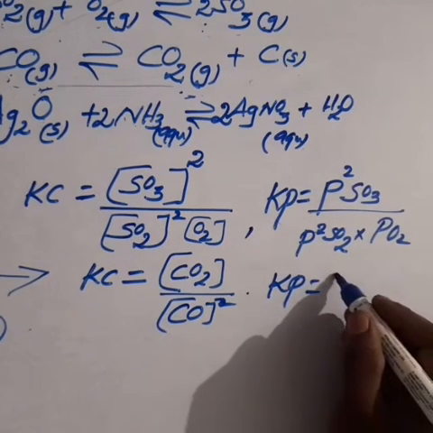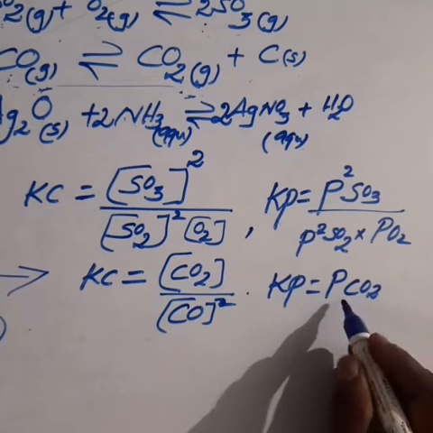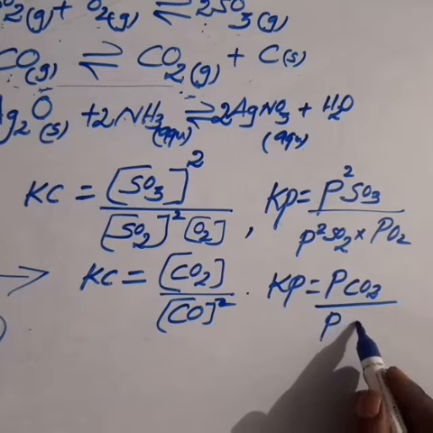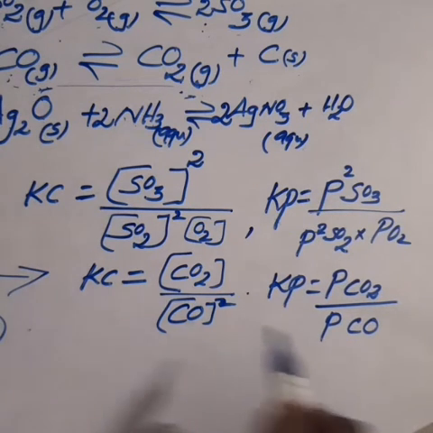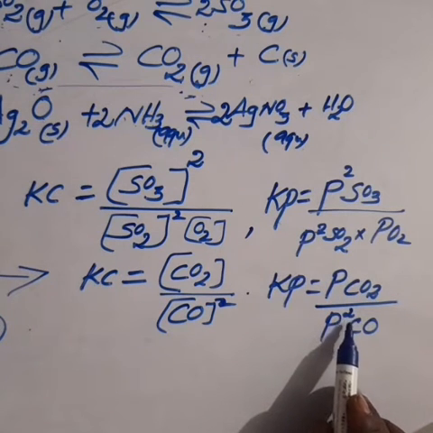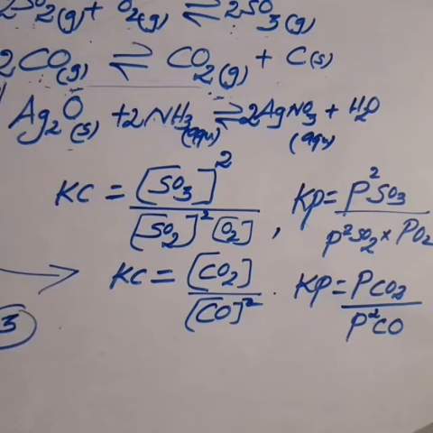Kp is equal to partial pressure of carbon dioxide divided by partial pressure of carbon monoxide. That is PCO2 divided by P CO whole squared.